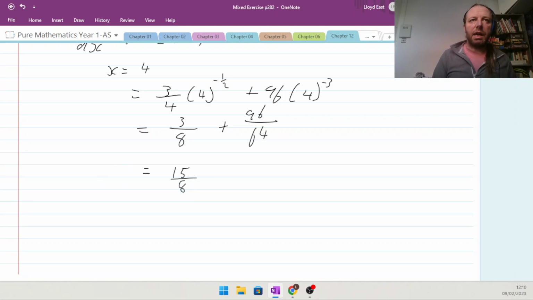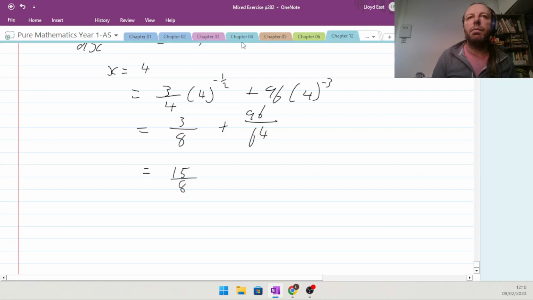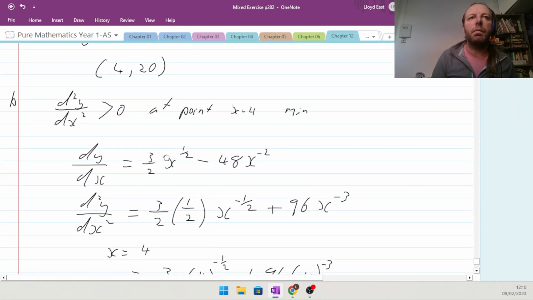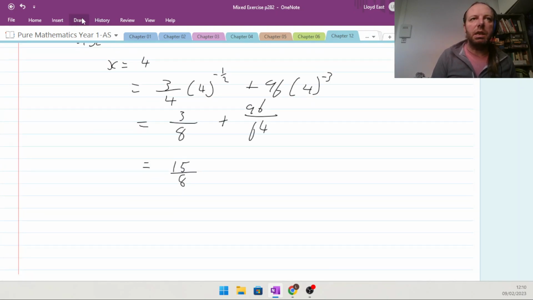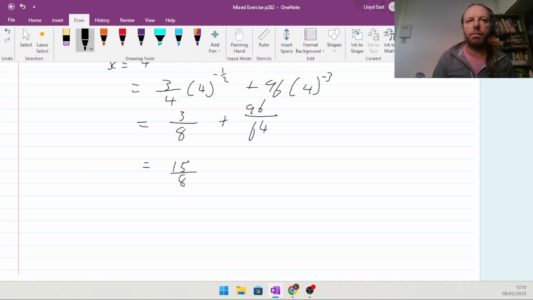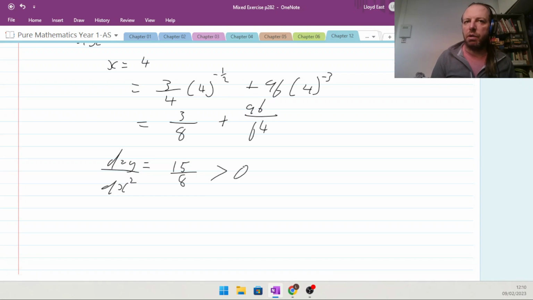Okay, that is bigger than 0, and that's what we want. So d2y by dx squared is greater than 0, so minimum.